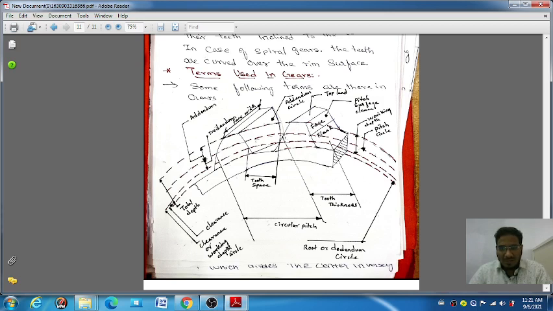The first tooth point on the pitch circle to the point on the next tooth is called circular pitch.